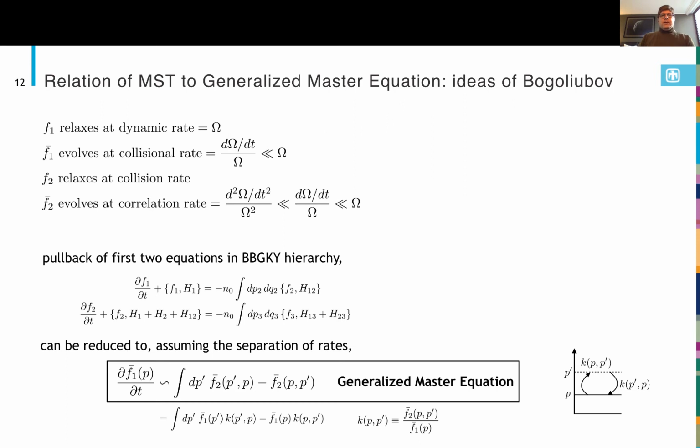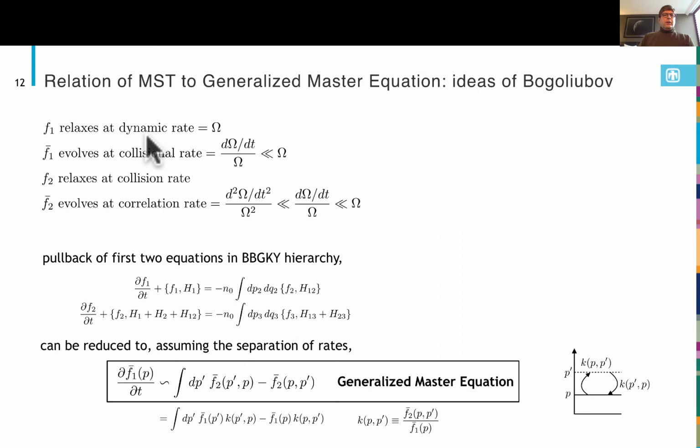Okay. Now let's get to a generalized master equation, starting with the ideas of Bogoliubov. First of all, we pull back and we end up finding that we have two sort of normal coordinates. And we have an evolution of the one-particle distribution function, where this Lie derivative now is a Poisson bracket as advertised times something that is fairly close to a Boltzmann operator. We can also write a similar term for F2.